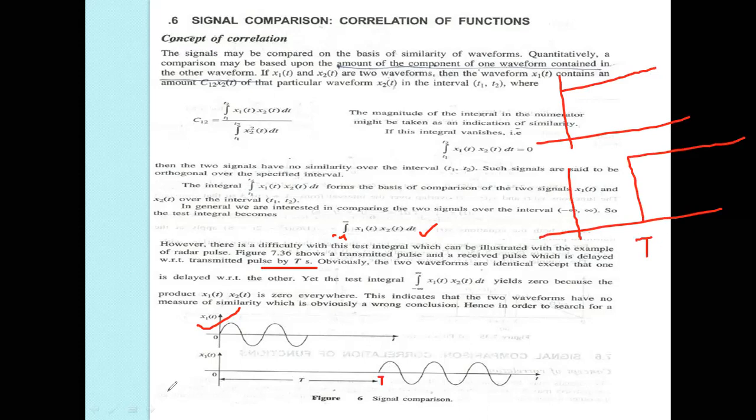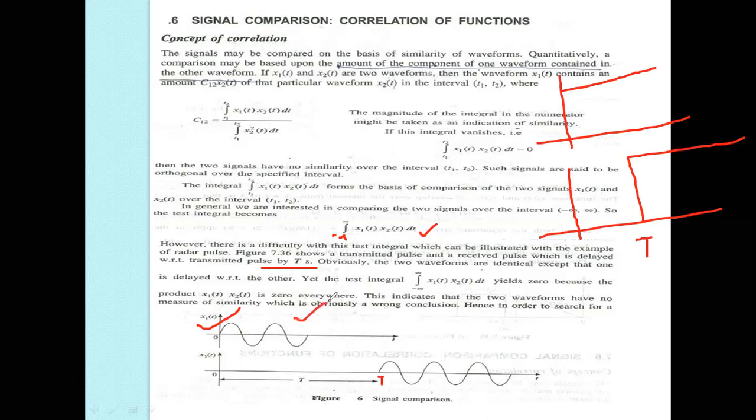Okay, my dear students. Similarly, with the t delay, the received pulse is delayed with respect to the transmitted pulse by t seconds. Obviously the two waveforms are identical, except that one is delayed with respect to the other.